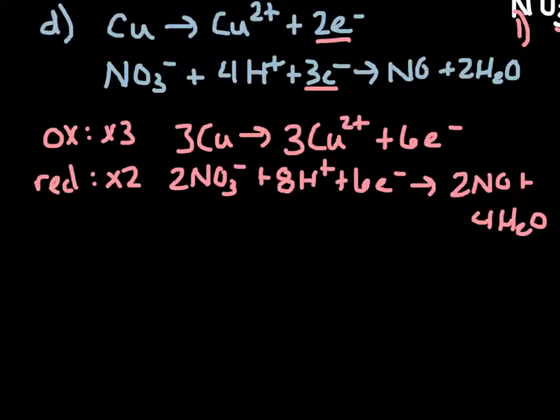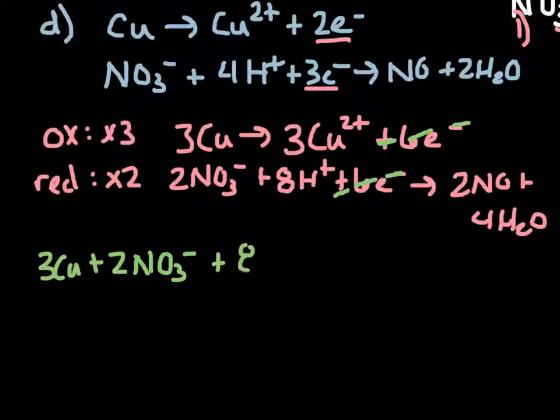Then step 4. What we want to do in step 4 is to write the full reaction, canceling out any commonalities. Our commonalities are going to be our electrons. Everything else gets added together. So look at everything before the arrow. We have 3 coppers, we have 2 nitrates, we have 8 hydrogens.